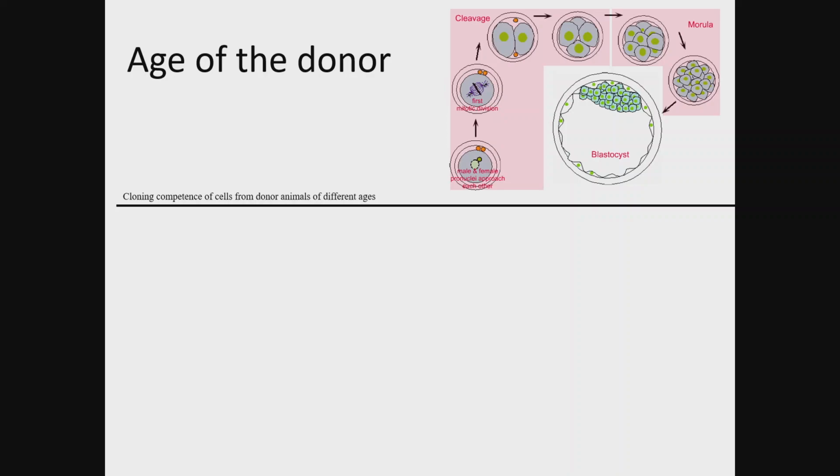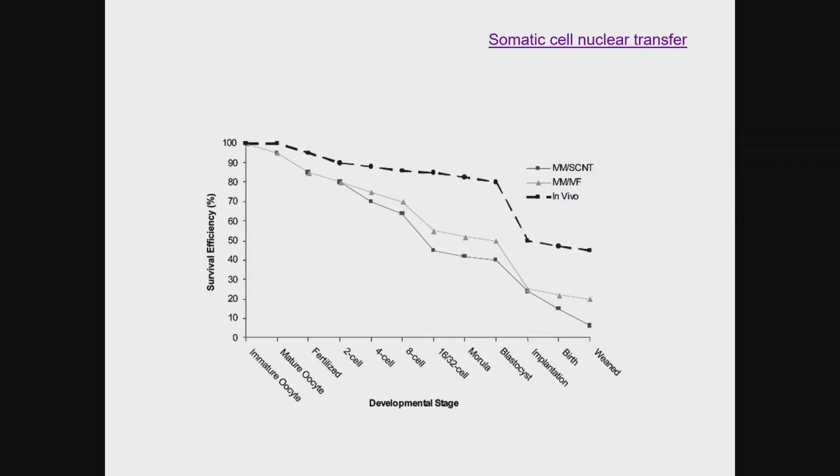and they saw that it really influences the efficiency. Where is the statistic? Okay, here. So for example, if we take from one oocyte to the other one, the efficiency is almost 100%. We can regenerate very, very easily with nuclear transfer.